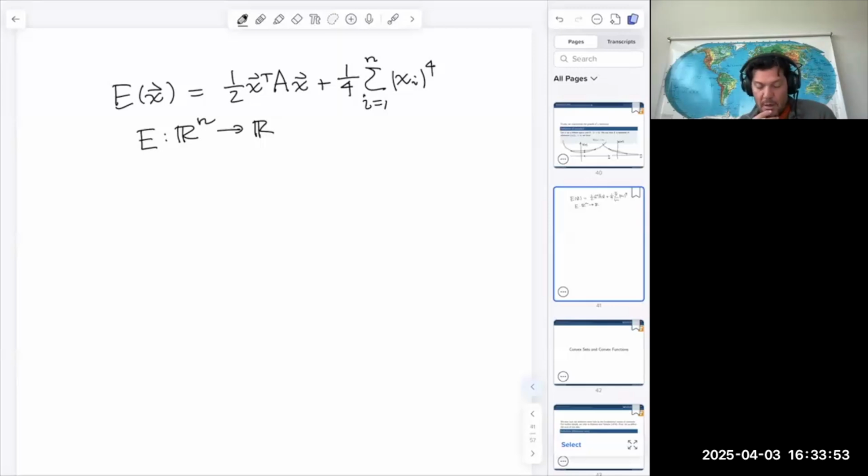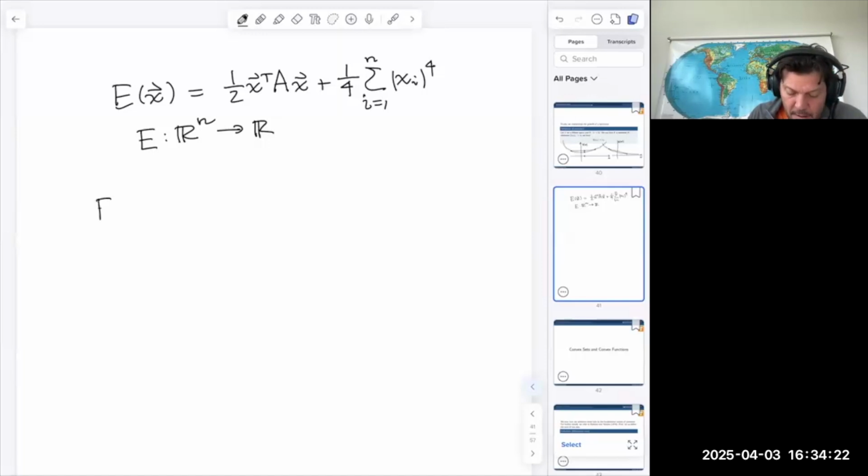I gave a definition of the derivative, a fairly complicated definition. I'm going to give you a shortcut way of doing this. You probably all remember how to take a directional derivative. That's how we're going to calculate derivatives here.